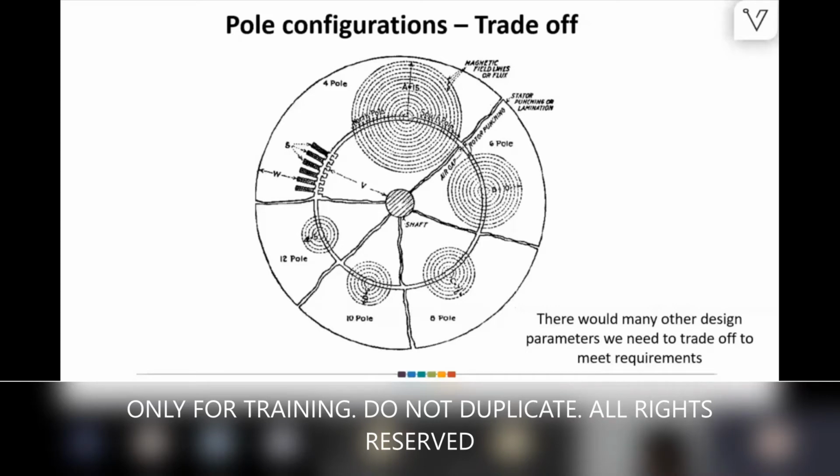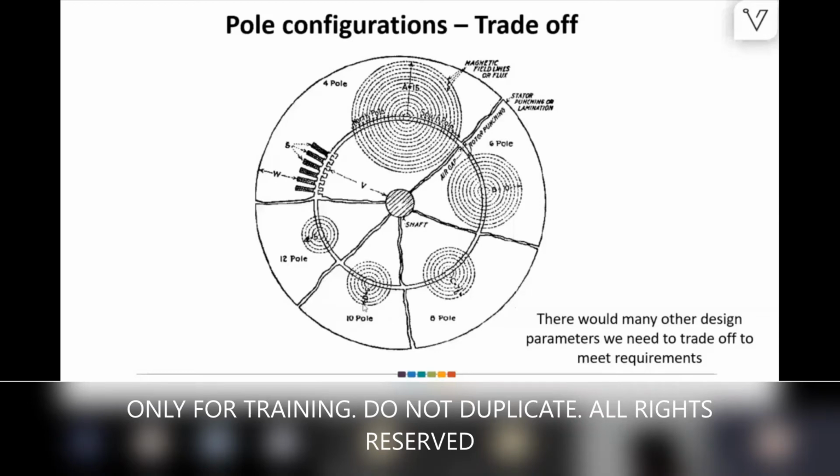When you go for 4 pole, you see the dotted flux lines. You need much more material on the back side, and your OD of the stator must be much higher to allow these flux lines to pass. When you go for 10 pole, you don't need this much. This is redundant. You can cut these laminations here, and you can still have a much smaller OD.